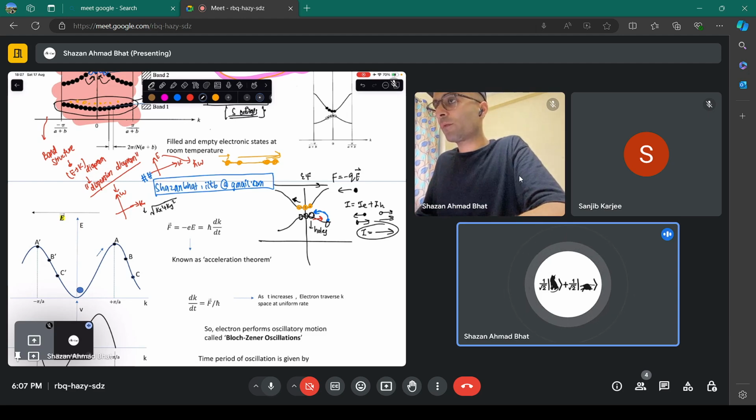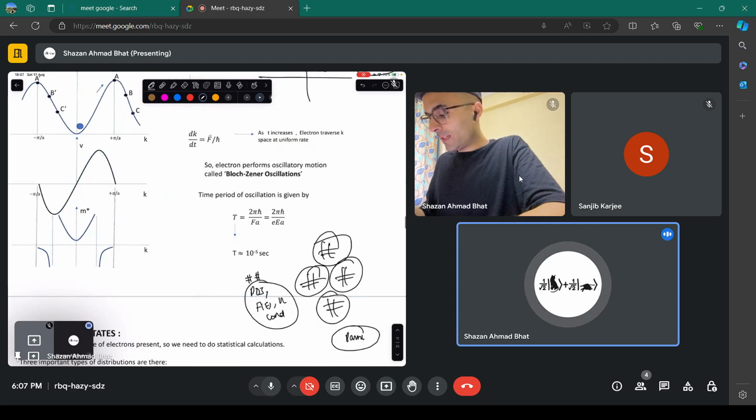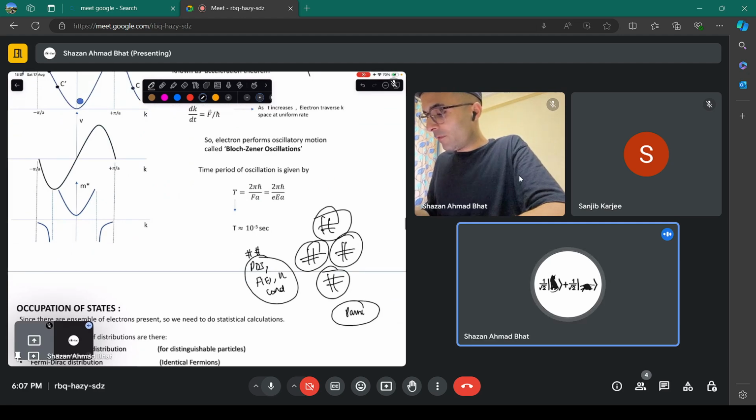If you have a kx direction and a ky direction, then you can show energy in the third axis. You cannot draw a fourth dimension because at most we can show three dimensions. Otherwise, in actual sense, it is kx, ky, and kz, and then there is energy.